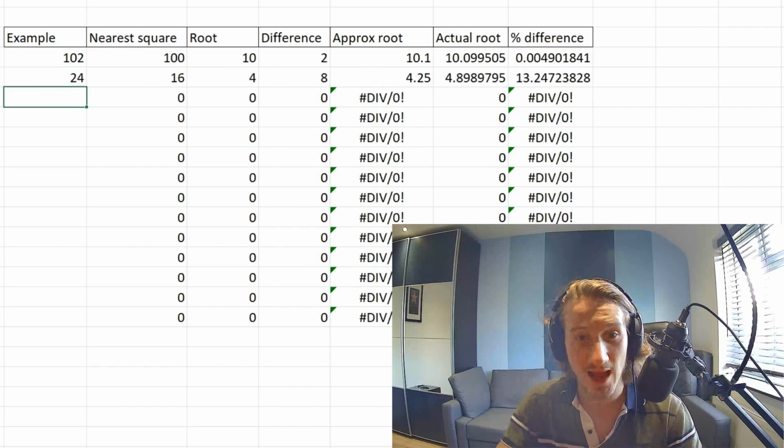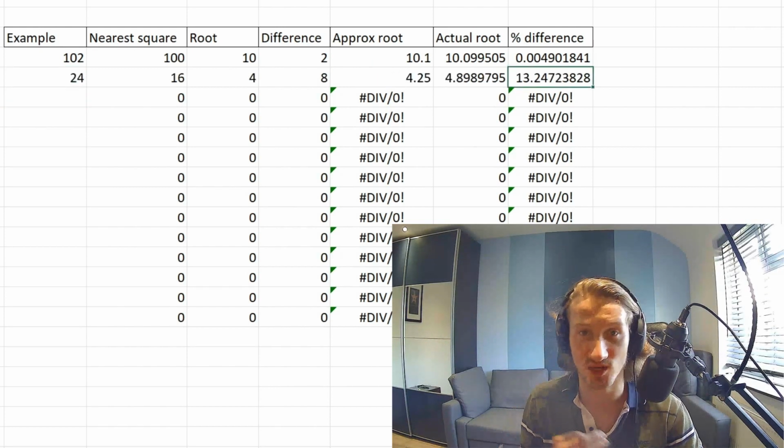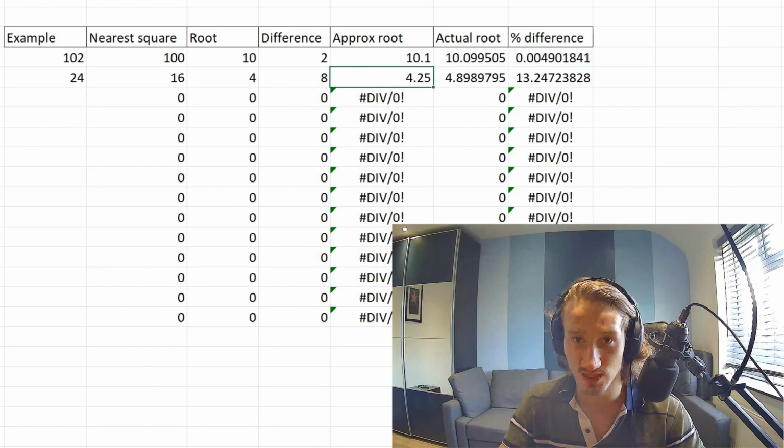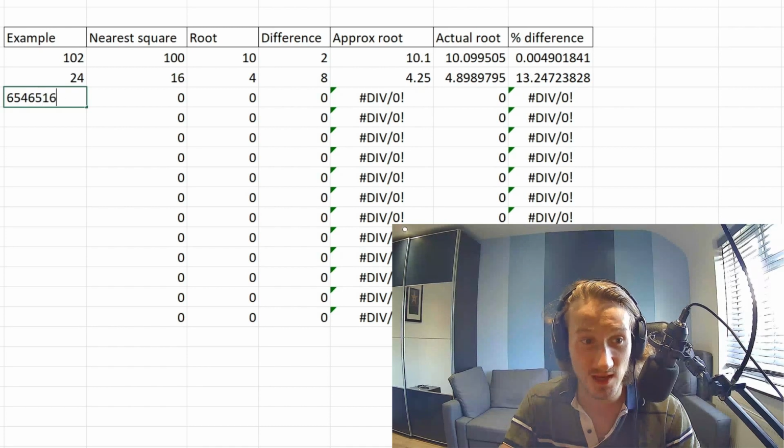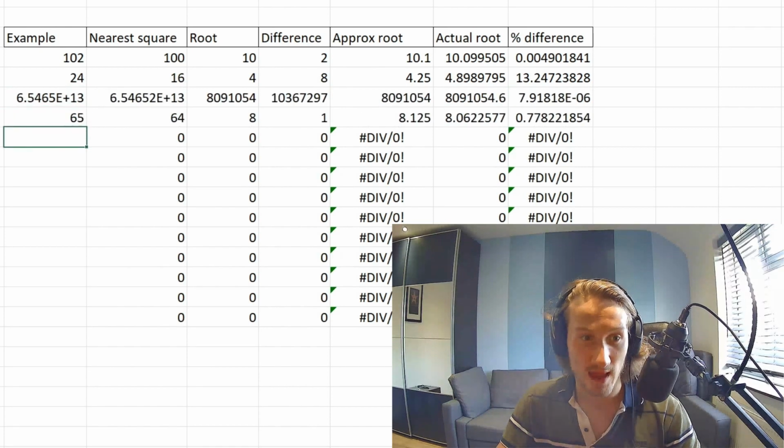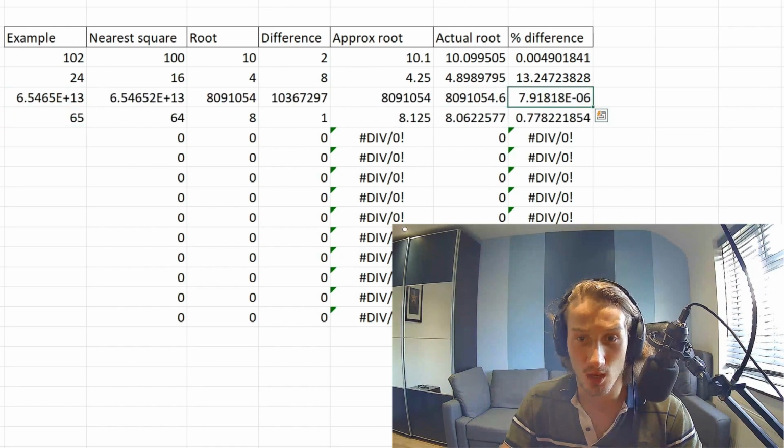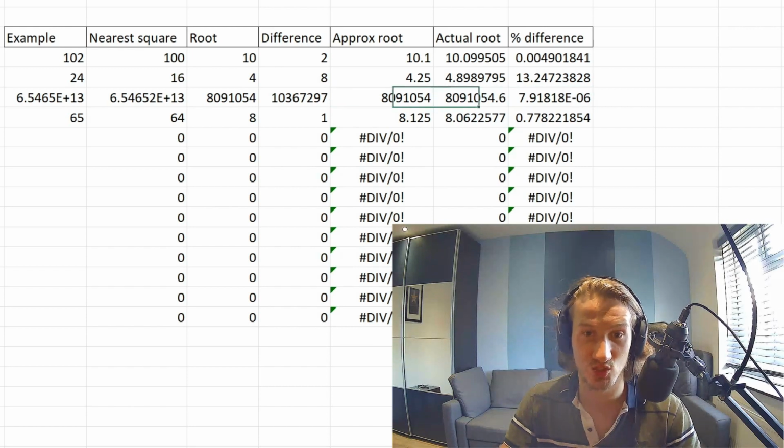Smaller numbers have a much larger percentage uncertainty between the actual root and the approximate root using this method. However, bigger numbers end up having a much smaller difference. As you can see, the only difference between these two numbers is this 0.6 at the end.